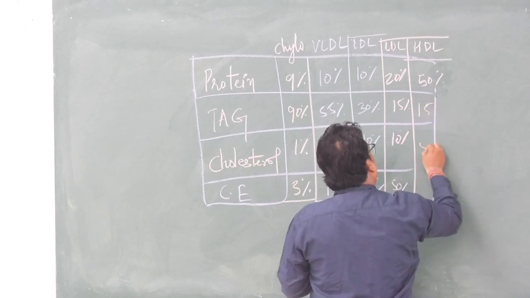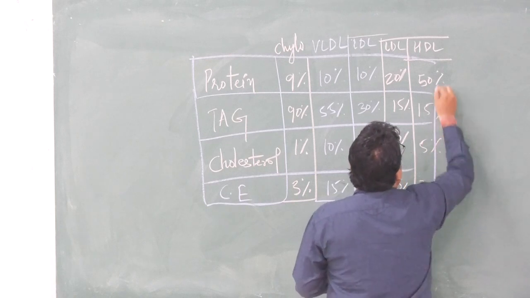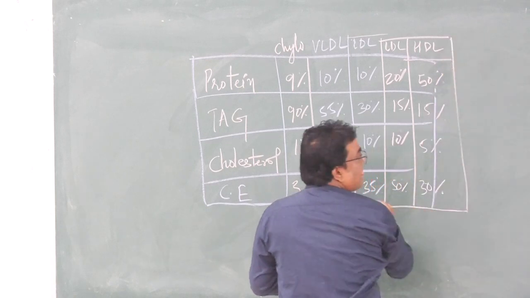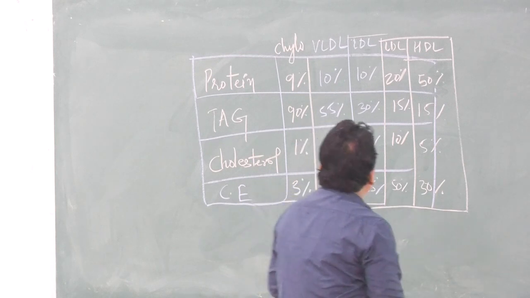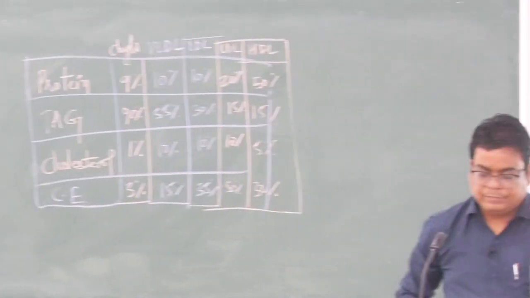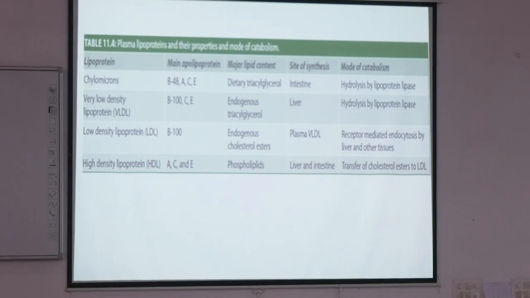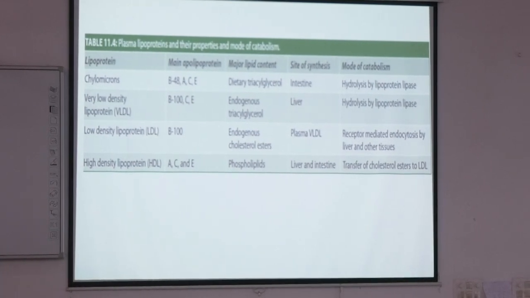The others are 15, 5, and 30%. So this is the content ratio of all these molecules in their structure.